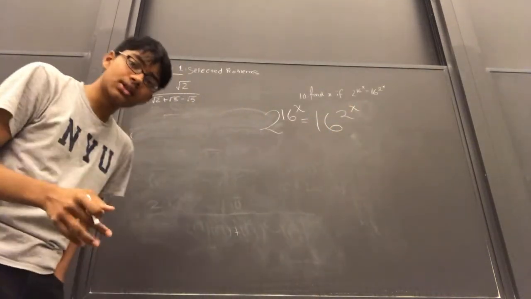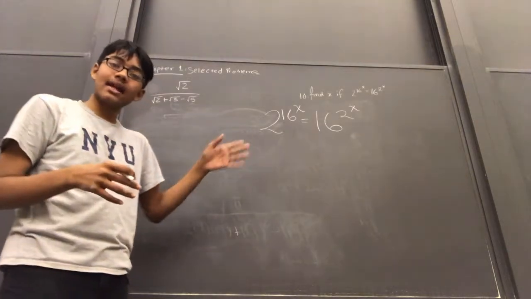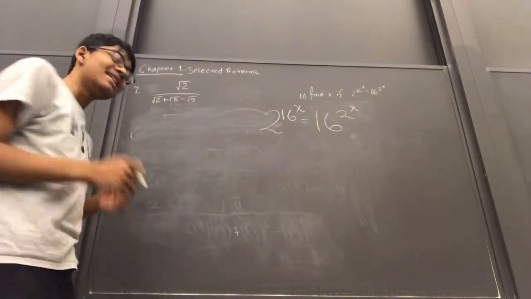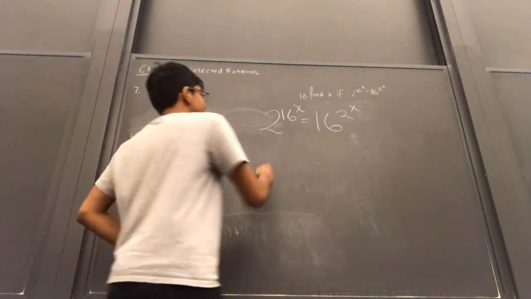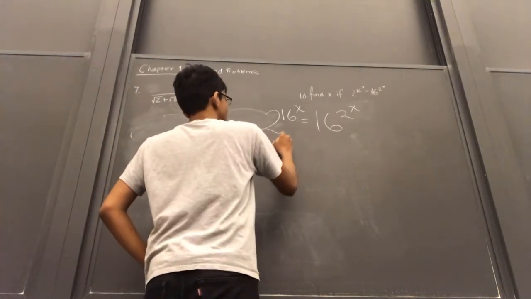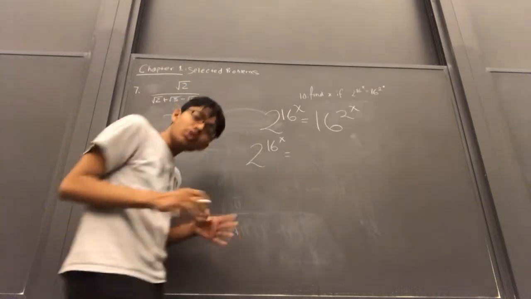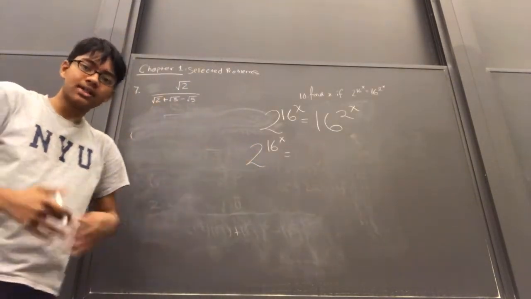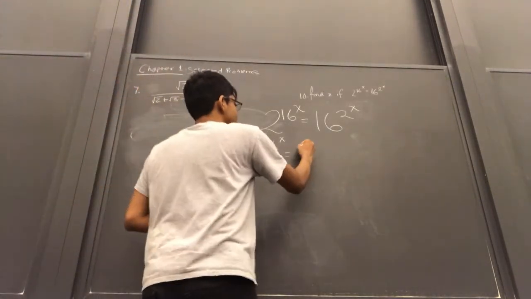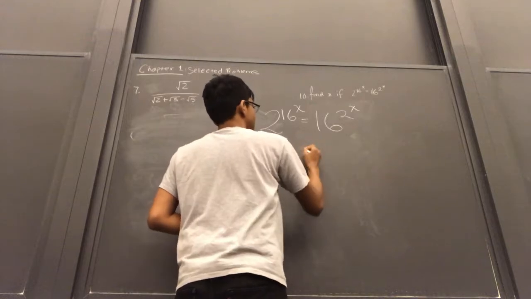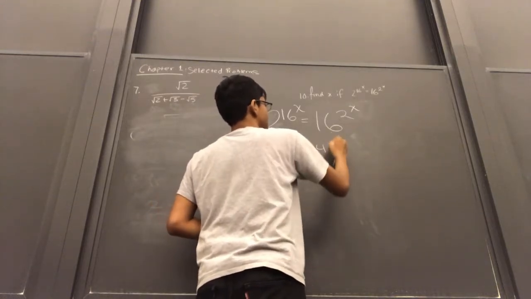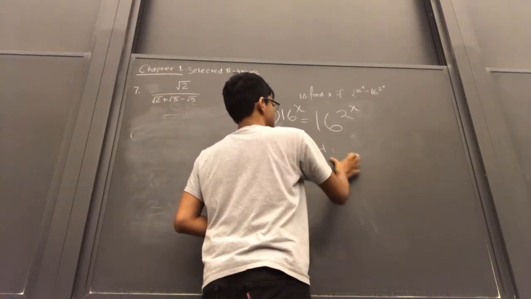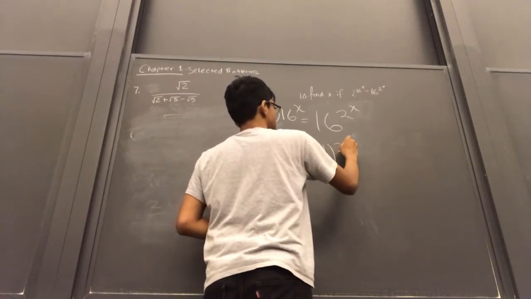First thing we always want to do in these exponent equation problems is set the bases equal to each other. Now how do we do that? Simple in this case. 2 to the 16x is equal to, now notice that 16 is a power of 2. So this problem seems to be pretty easy. So we're going to write 16 as a power of 2 and multiply that by 2x.